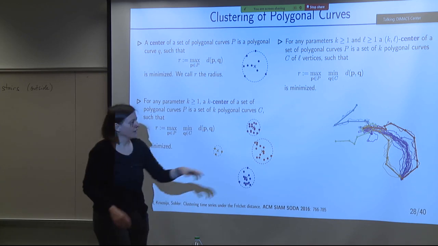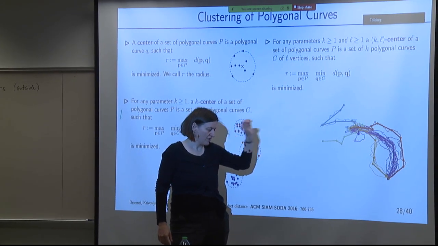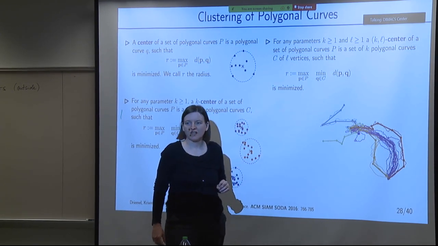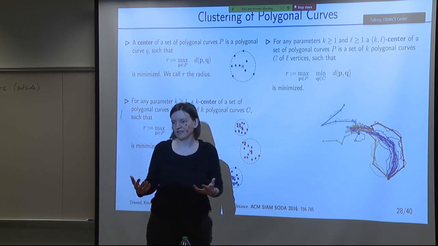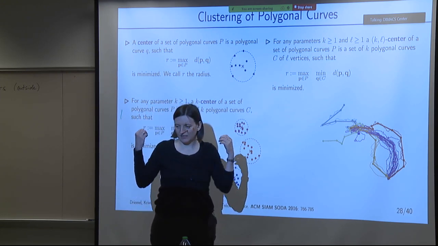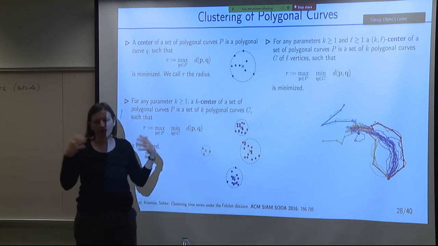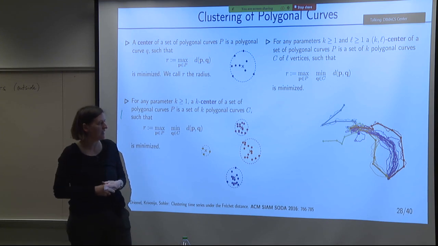And because of this, we're not just interested in any center, but we're interested in simple centers. Because what we want to do for the clustering is summarize our data. In the end, we will look at the centers of those balls and say, oh, these centers describe my data set in a good way.